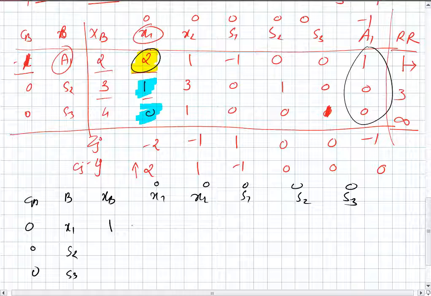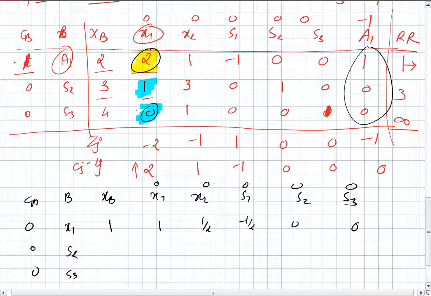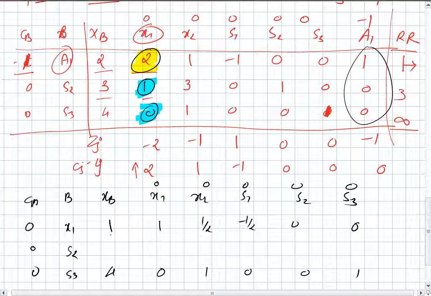So we have 1, 1, 1 by 2, -1 by 2, 0, 0. This is already 0, so we write it as it is: 4, 0, 1, 0, 0, 1. To make this entry 0 we have to subtract this row from this one. 3 minus 1 is 2, 1 minus 1 is 0, 3 minus half is 5 by 2.